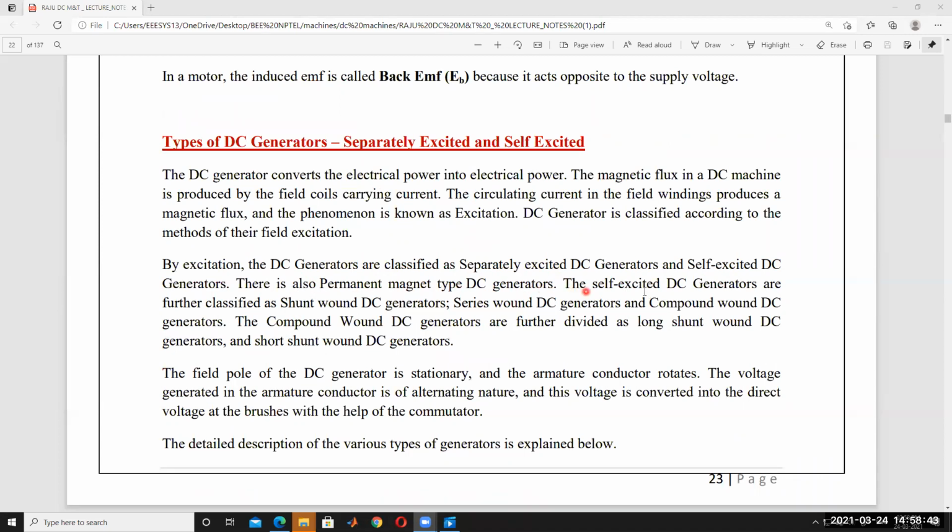The self-excited DC generators are further classified into shunt wound, series wound, and compound wound DC generators. So there are three types: shunt generator, series generator, and compound wound generator.